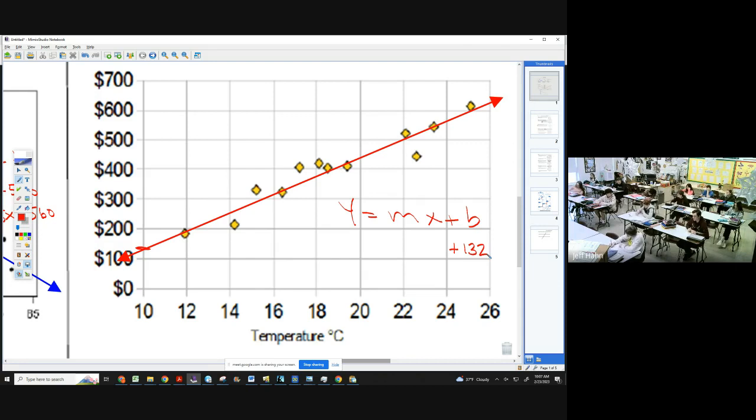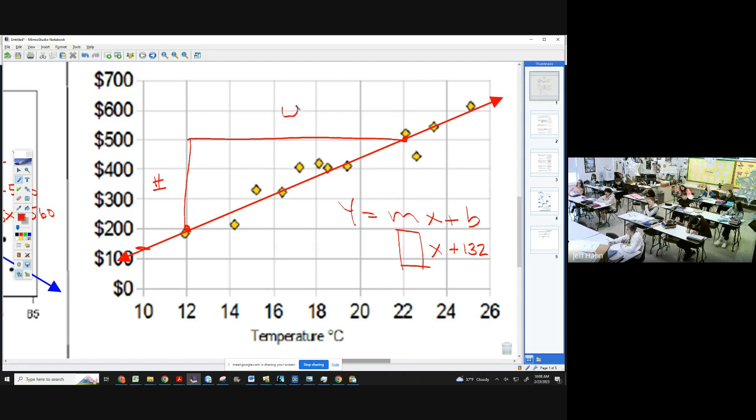Now, the real question is, what's the slope gonna be? And again, I tried to make 2 points that cross, so I'm gonna pretend it crosses here, and it crosses here, and I'm gonna make this right triangle. It doesn't matter which way you do it. It is rise over run, how high this thing is over how wide it is. You have to look at your scale.